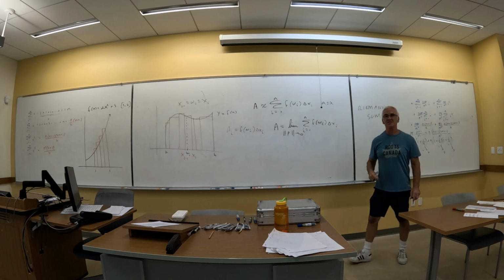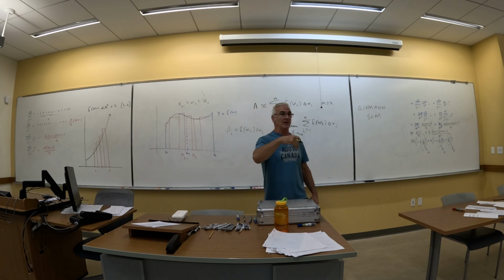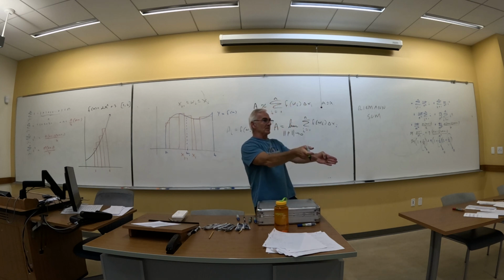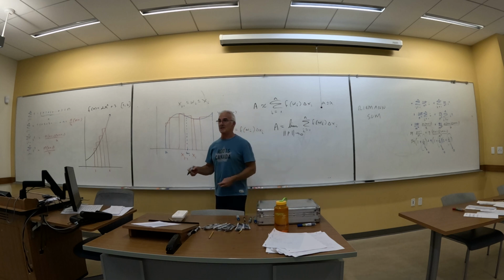Every integral that will exist the rest of your life is set up this way if it's something you're setting up as an application, not when I give you an integral and ask you to evaluate it. No, I'm giving you a scenario, you've got to set up the problem. There is a Riemann sum in every problem.